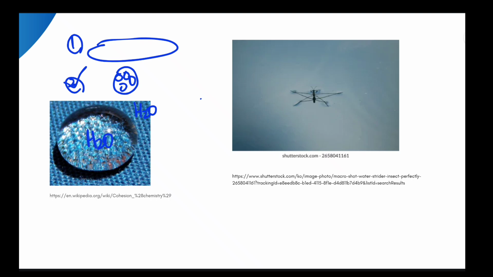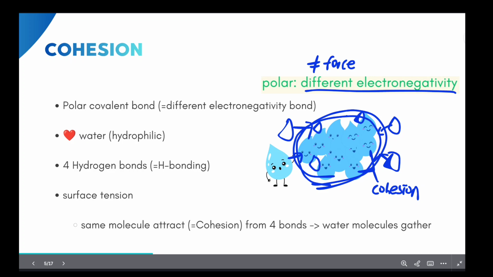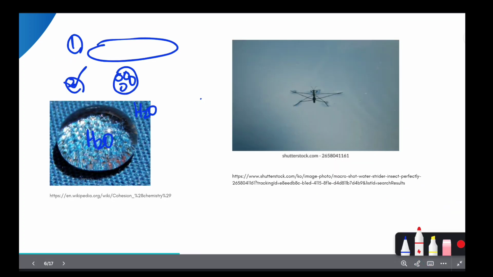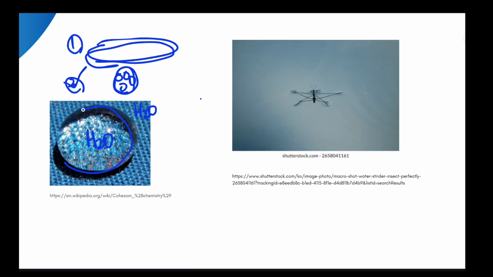Why? Because in our previous slide, we learned that water has a high surface tension, which is why the molecules want to gather instead of spreading out like this. That's why water stays in its original state instead of spreading out.